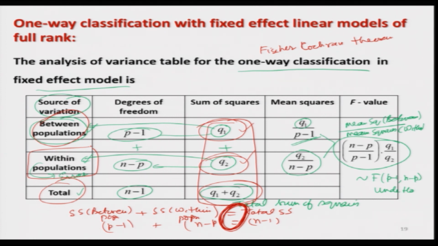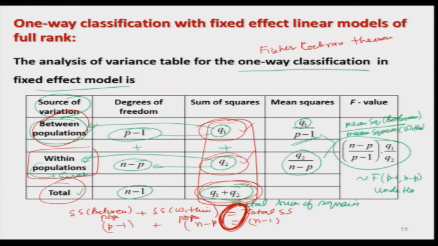This ensures there is no difference between the sum Q1 plus Q2 and the total. In practice, when computing Q1 and Q2 from a given set of data, there may be some approximation error and this equality may not really hold true. That is why we advise that you obtain two quantities out of the three and then obtain the third one by subtraction.